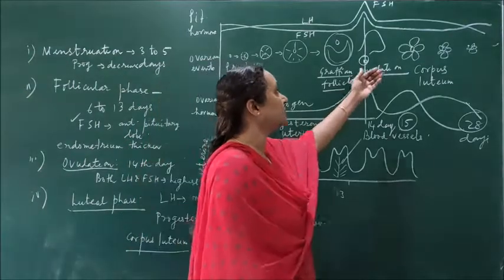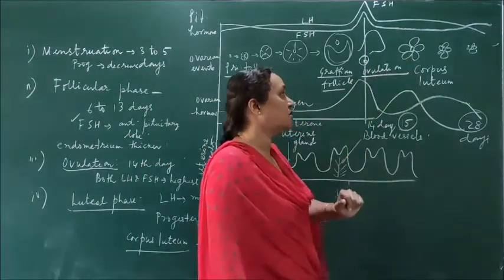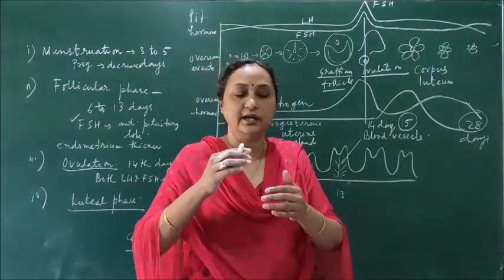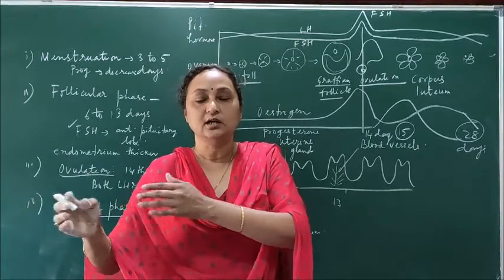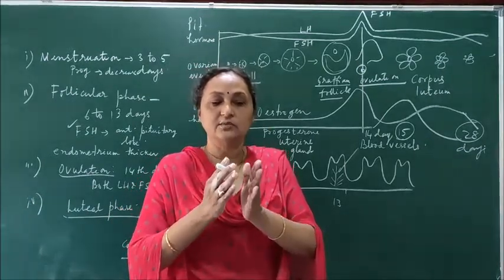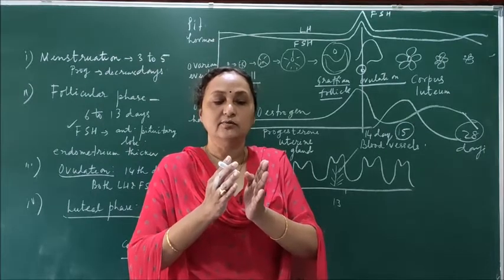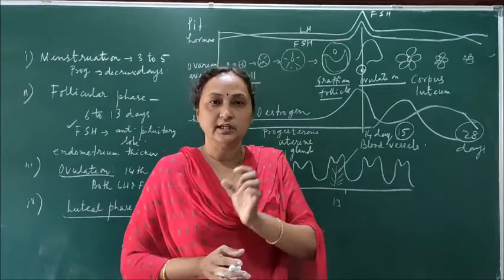Corpus luteum can produce hormone progesterone, and the progesterone hormone will again help the endometrium, which is already broken at the starting of the cycle, to prepare again, so that the endometrium gradually becomes thick under the influence of progesterone. Because you know why the endometrium is becoming thick?